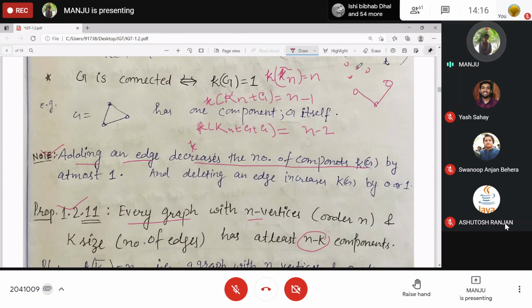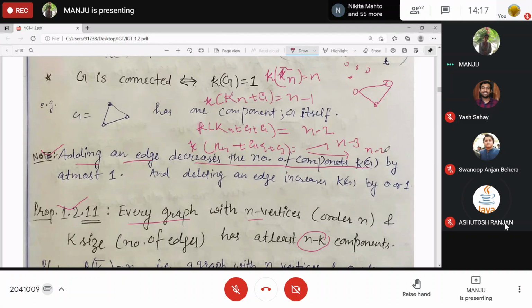While adding the third edge, I can add it in between this one or in between this one. I have two choices, right? If I add over here, the number of components will be exactly n minus 3, for the third edge E1, E2 and E3. If I add this edge instead of this one, how many components remain? N minus 2.